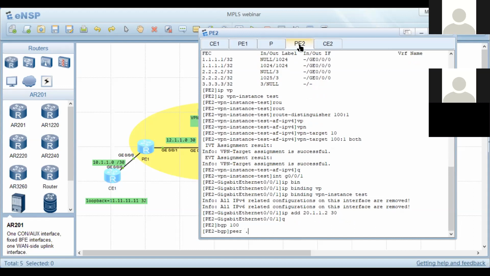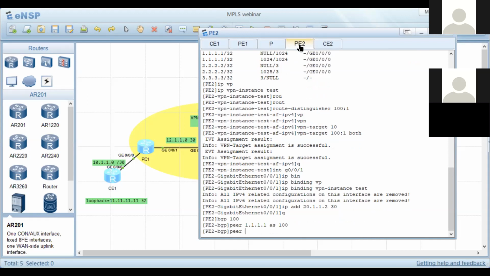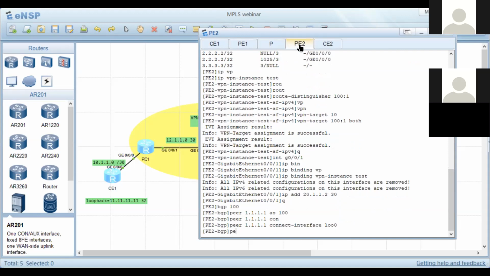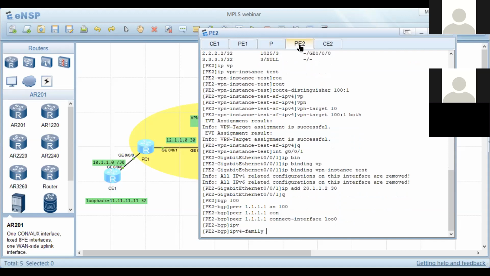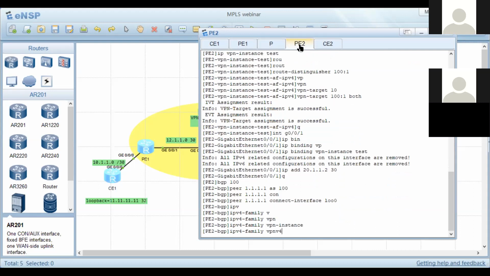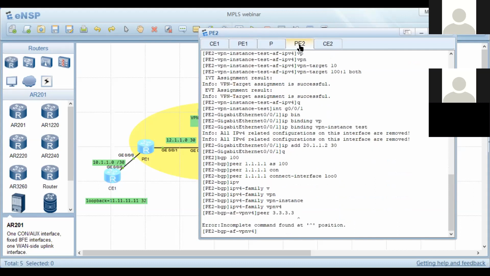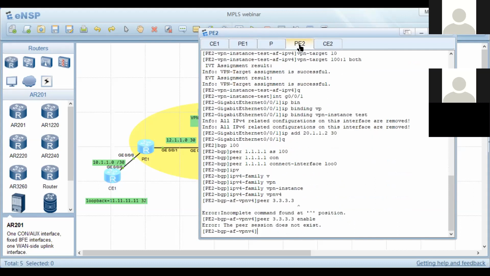Peering, that means IBGP with the PE1 to be done. And we will convert it to the VPNv4 address family with this command.